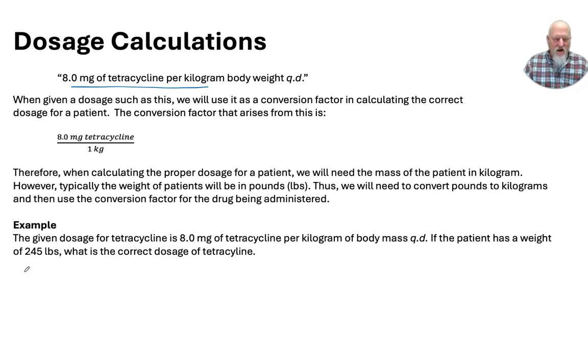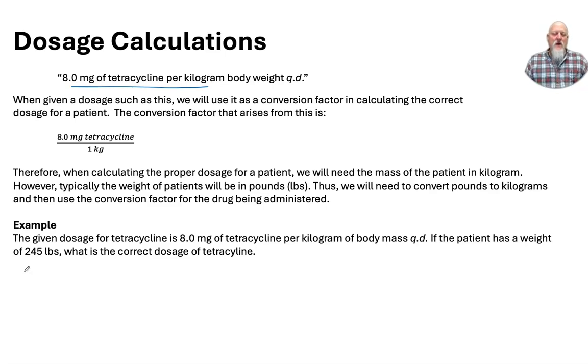If we know the body mass of the person, or the weight of the person, we can figure out how many milligrams of tetracycline to do. Okay, so, for example, the given dosage for tetracycline is 8 milligrams of tetracycline per kilogram of body mass. If the patient has a weight of 245 pounds, what is the correct dosage of tetracycline?